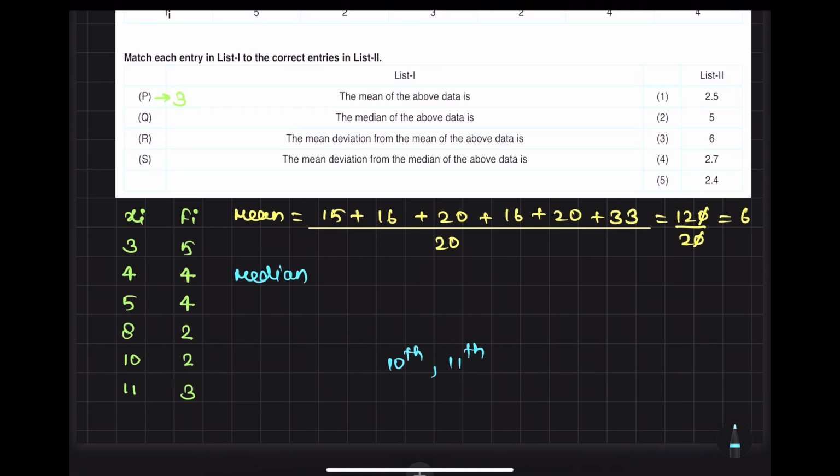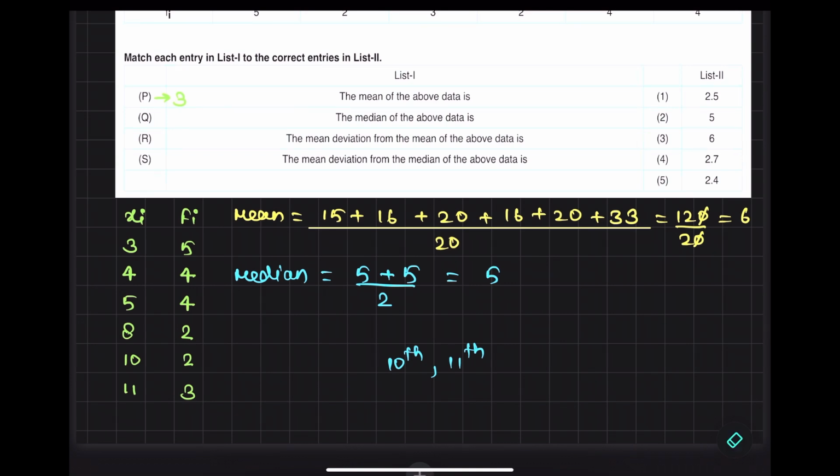Okay, so if you observe, 5 students here, till this row 9 students, and till this row it is 13 students. So the 10th and 11th student will stay here. So marks obtained by the 10th student is 5, plus marks obtained by the 11th student is 5, and there are two terms, so the average of that, we got 5.